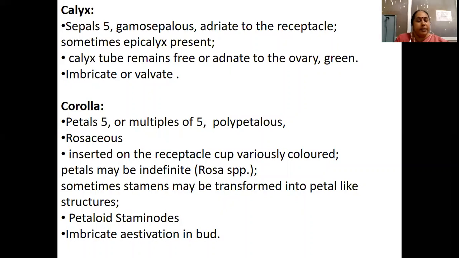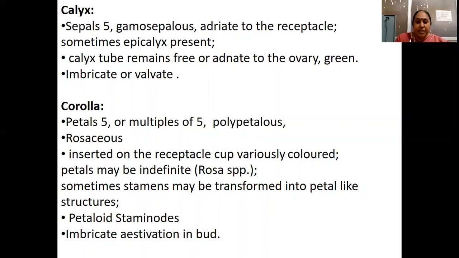The next one is corolla. Number of petals is 5 or multiples of 5, polypetalous, rosaceous, and they are inserted on the receptacle cup, variously colored, and the number may be indefinite as in Rosa species. Sometimes stamens may be transformed into petal-like structures, that is petaloid staminodes.